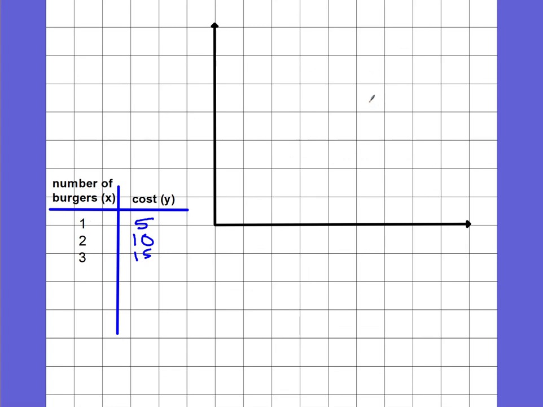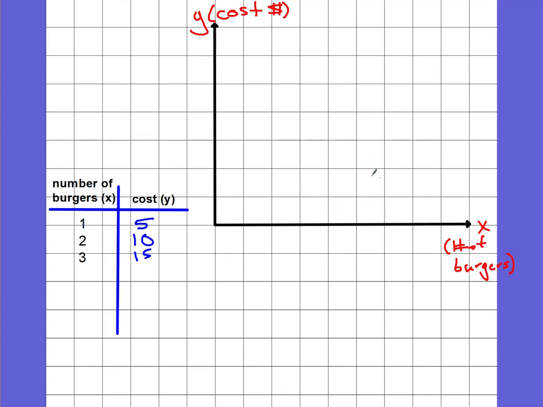So I'm going to label this. We know the vertical axis, that's our y. We know y is going to be the cost, and let's just put some units on it. It's going to be US dollars. And then x, that's going to be the number of burgers.